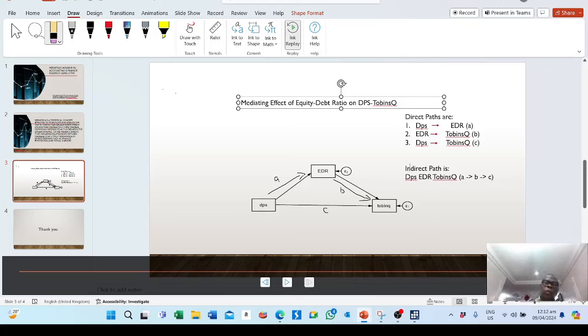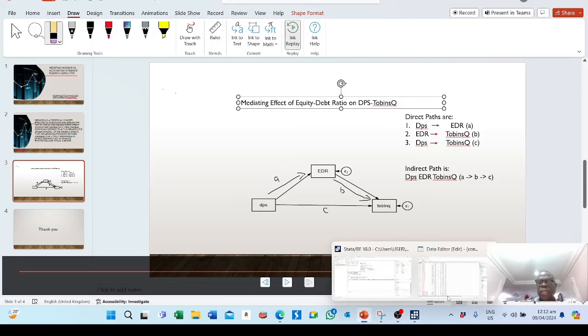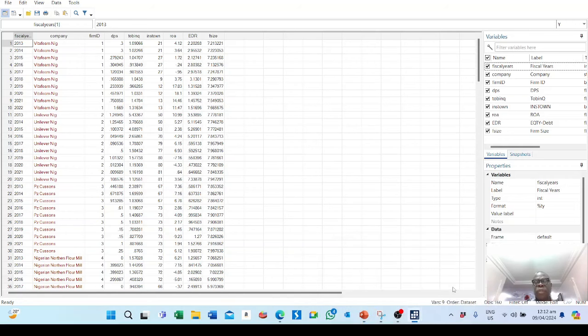So we will dive deeper into this. Going into Stata, we are going to do some practical illustration of this and actually test the hypothesis whether there is a mediating role that EDR plays in the relationship between dividend per share and TobinsQ. My data is already loaded in Stata.